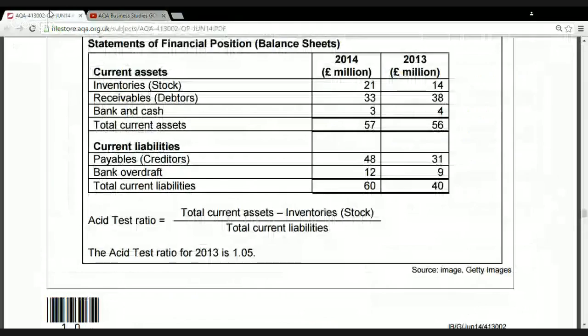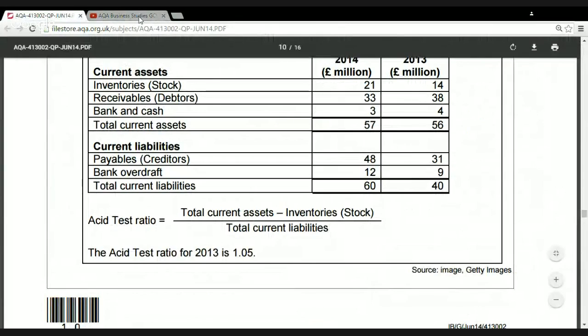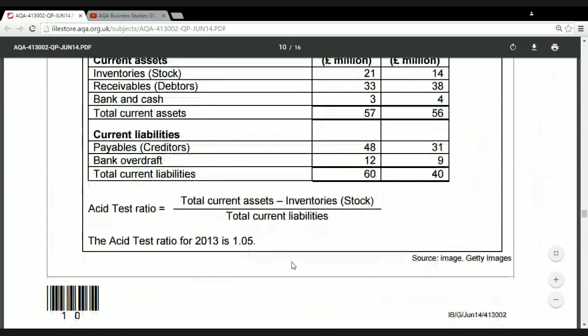Right, so it's total current assets minus inventories and stock, divided by total current liabilities. Okay, so that's the acid test ratio.